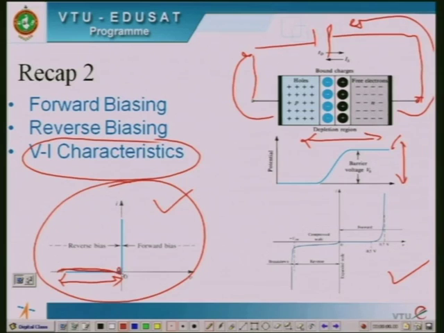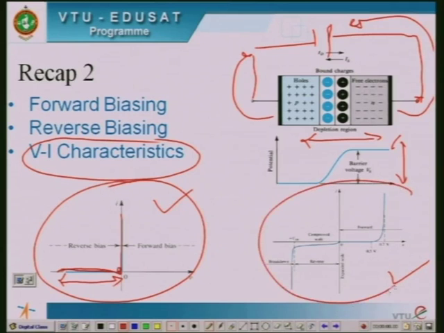For V equal to 0, the current will be infinite, so you will have two regions: the forward bias region and the reverse bias region. In forward bias, the diode acts as a short circuit and current flows, whereas in reverse bias the diode acts as an open switch, and therefore the current flowing through it will be 0.